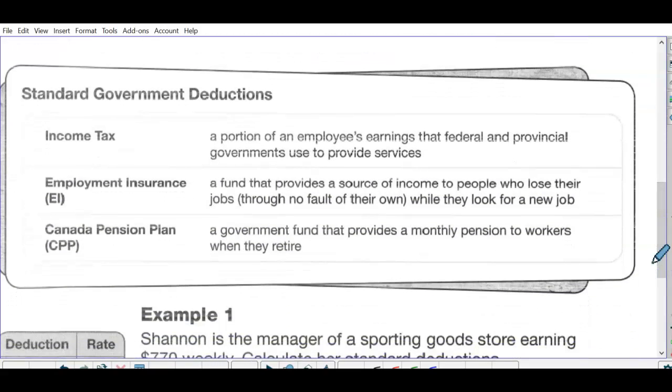Okay, so here are the standard deductions, government deductions, so income tax. So every employee has to pay income tax. Depending on how big your salary is, your gross income is, you have to pay different amounts based on that.